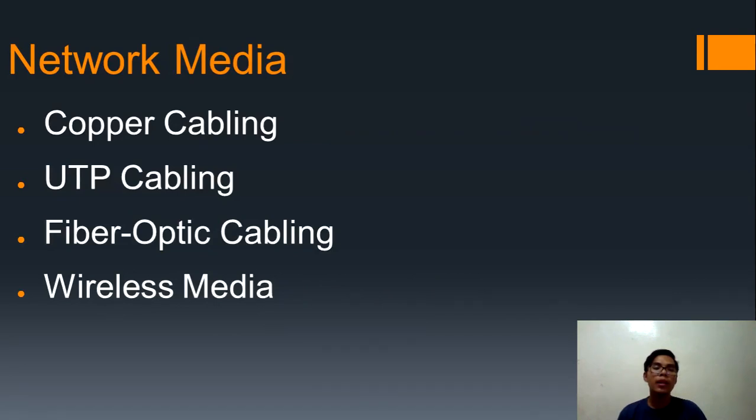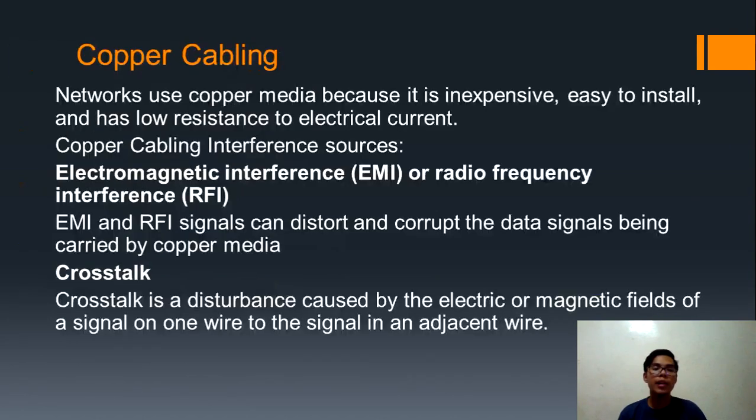Network media: copper cabling, UTP cabling, fiber optic cabling, wireless media. Networks use copper media because it is inexpensive, easy to install, and has low resistance to electrical current.